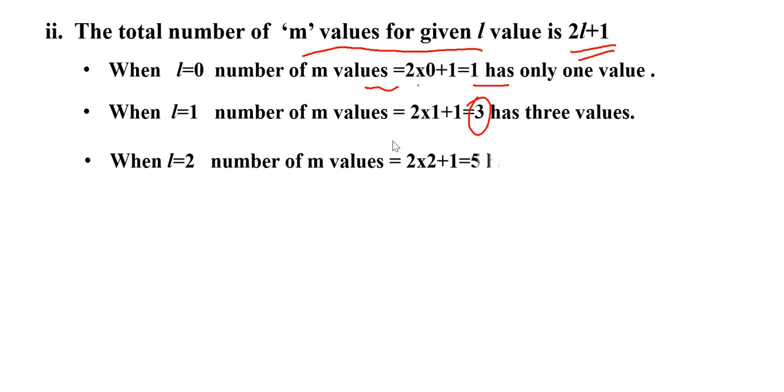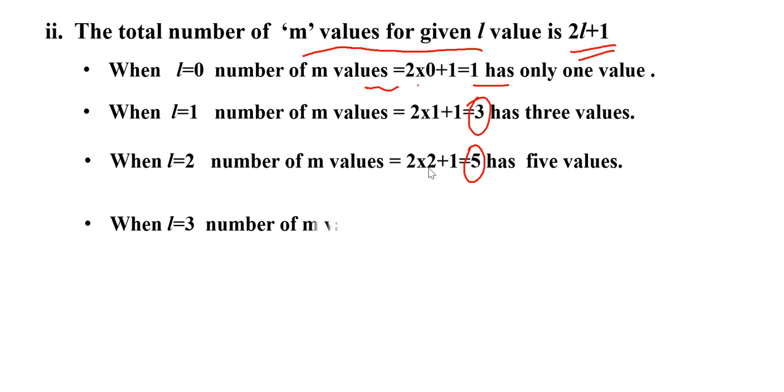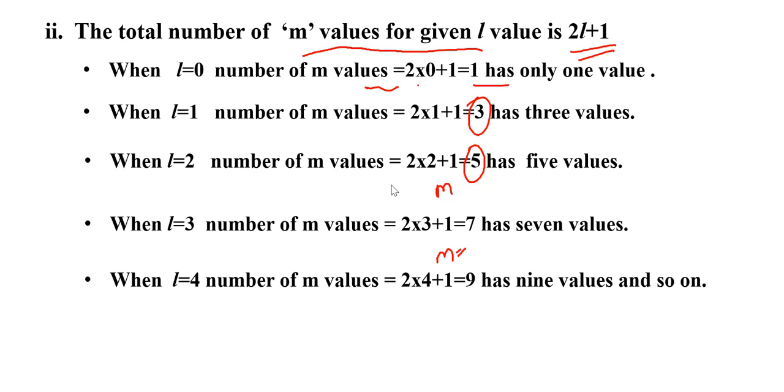When L equal to 2, m values are 5, then 7. Okay, 2l plus 1 is the formula to remember, for m values.